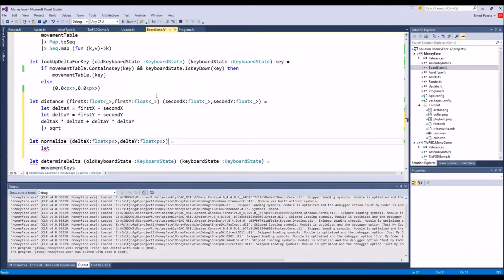And we're similarly going to do this. So let, this is going to be interesting, because in order to, well, I don't really need the distance formula.